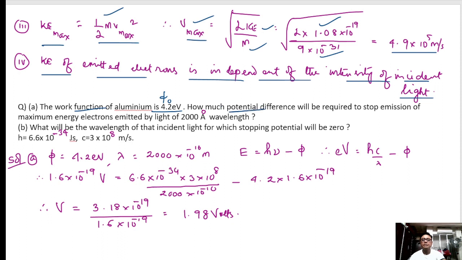How much potential difference will be required to stop emission of maximum energy electrons by a light of 2000 angstrom?